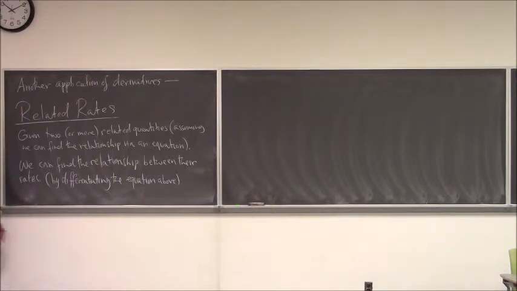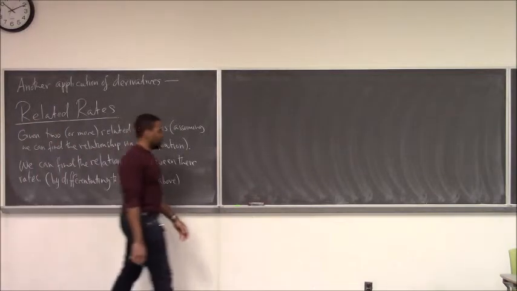The nice thing about this is that sometimes, depending on what you're measuring, it might be easier to figure out the rates of change of one than the other, but once you figure out that one, you can use this equation to figure out any rates of change of the other. So when quantities are related, their rates of change are also related, simply by differentiating that relationship equation. This process of figuring out rates of related quantities is called related rates. That's why they're called that.